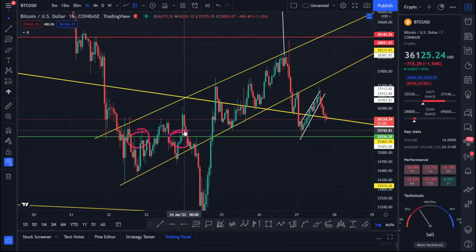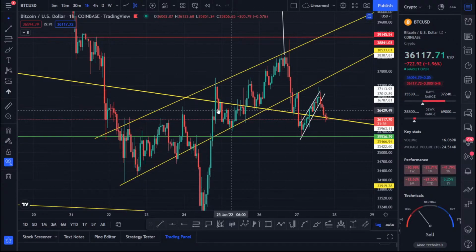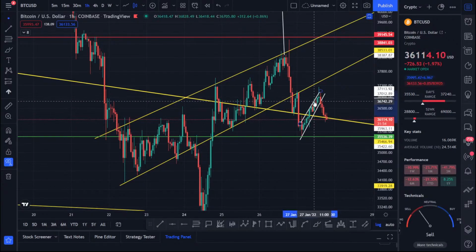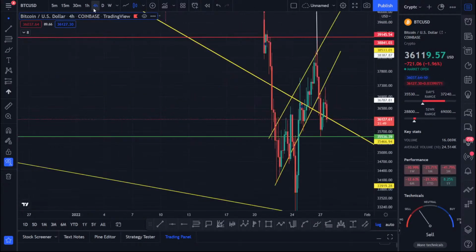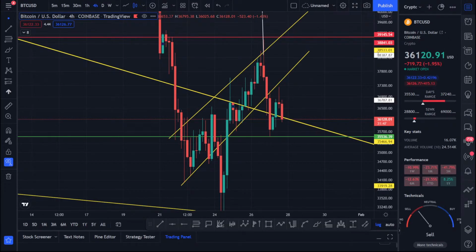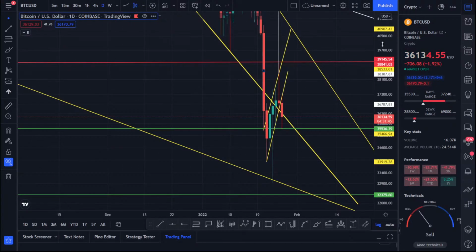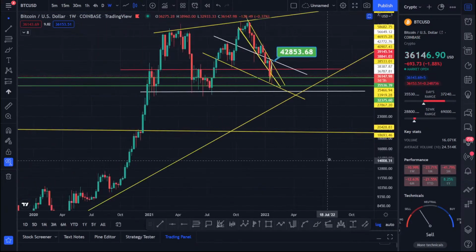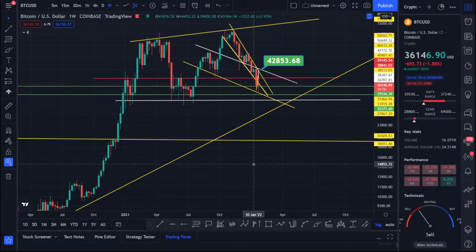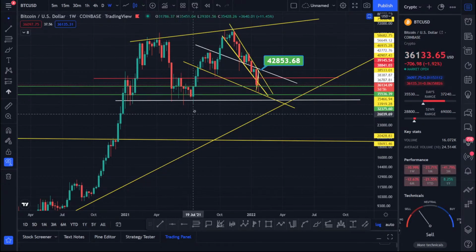Now let's take a look at the overall scenario, what's going on with the cryptocurrency. Let's take this off, and let's see in the daily time frame. Actually, let's go to the weekly time frame. And you can see Bitcoin at the moment is creating this kind of pattern.